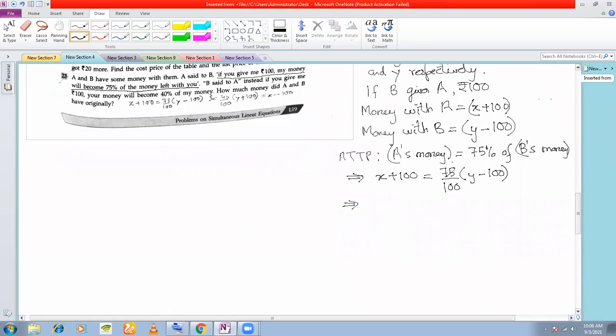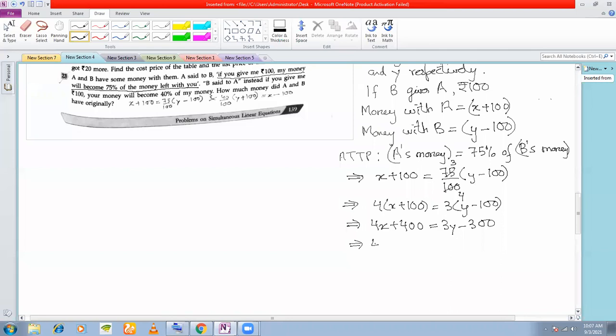You cancel here 25 with 25, 3 times, and this cancels 4 times. And now you cross multiply. You get 4 times X plus 100 is equal to 3 times Y minus 100. So you get 4X plus 400 is equal to 3Y minus 300.